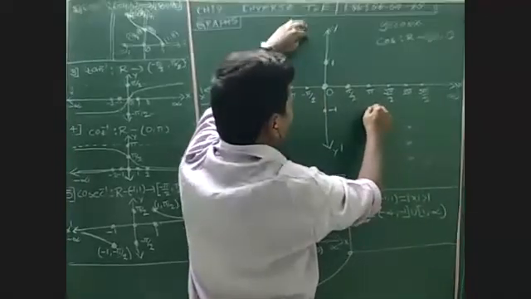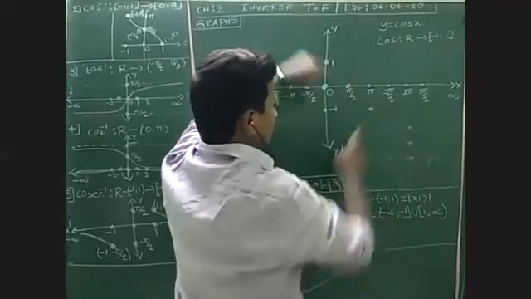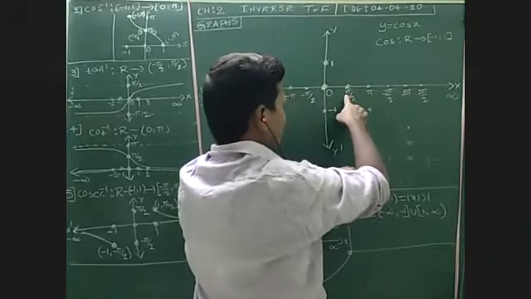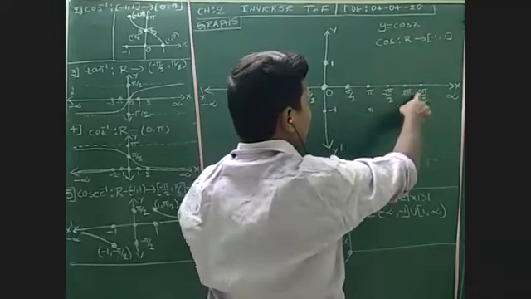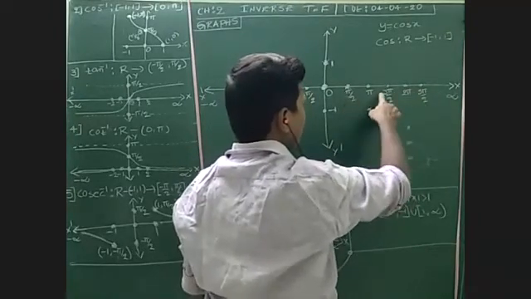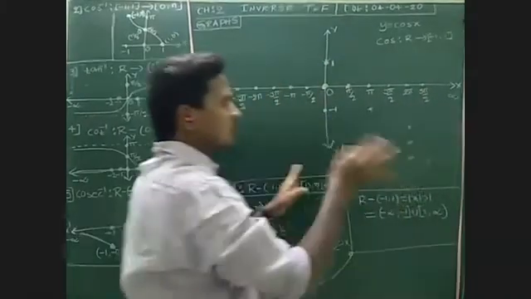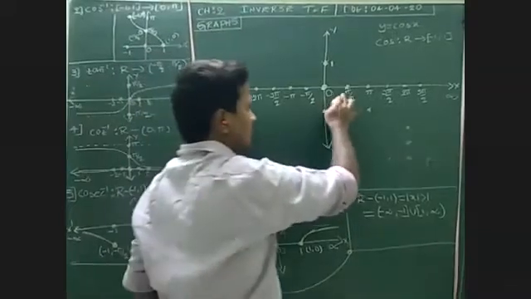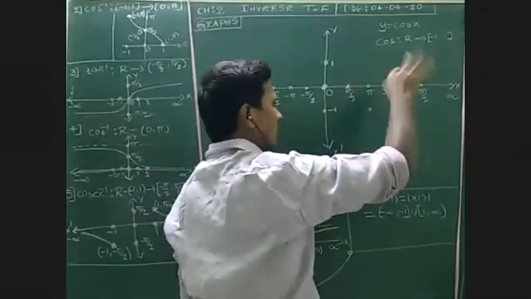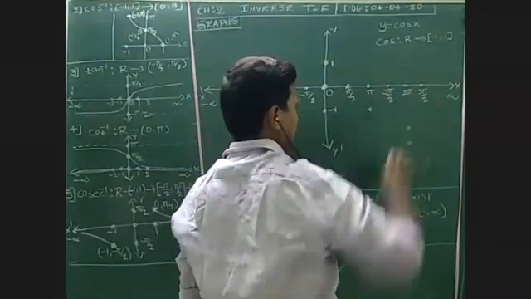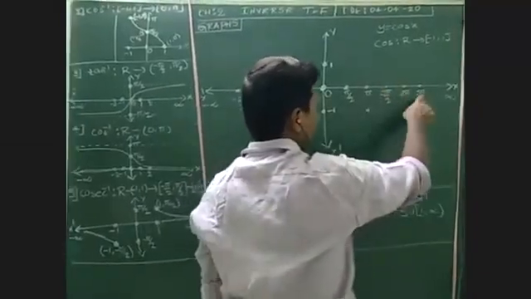Cos 180, we know this is -1. Then cos 270: 90, 270, like that. Pi by 2, 3 pi by 2, 5 pi by 2, 7 pi by 2. All values will be 0 only. Cos 90 is 0, cos 270 is 0, like that. Remaining all values are 0. Now this is 450.